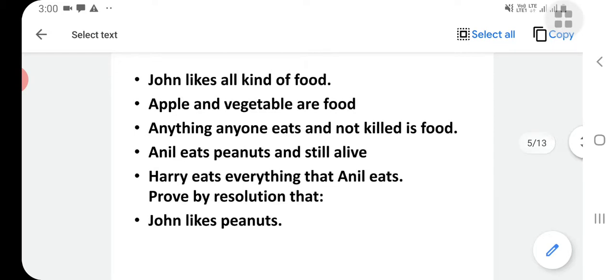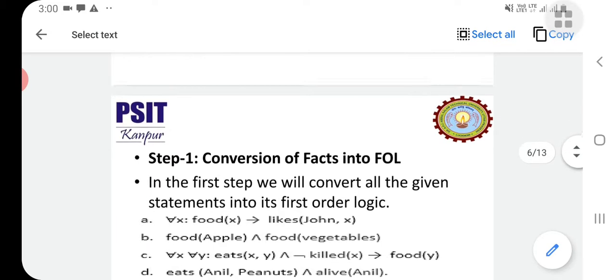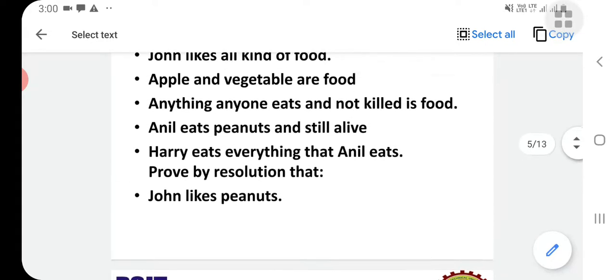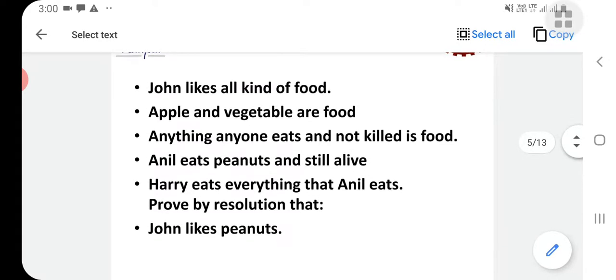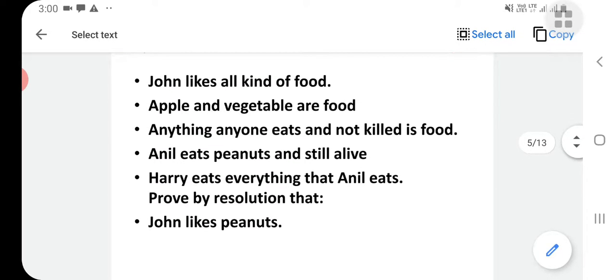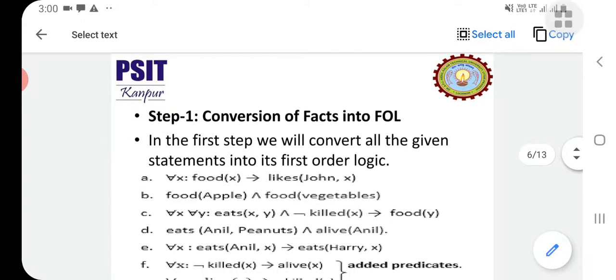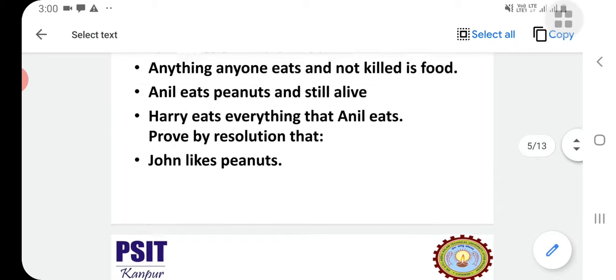In this statement, food is a predicate. So for all x, food x implies likes John comma x. That's the first step. Second step, apple and vegetables are food. So the and connective will be used, point B: food apple, apple is also a food, and vegetable is also a food. So food apple and food vegetable.